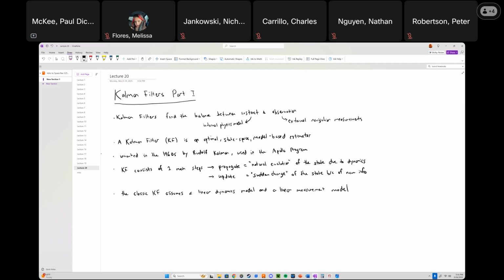So don't write this in your notes yet, but in any table of dynamic systems or a similar class, you get something that looks like x dot is Ax plus Bu, and then y is Cx plus Du, something like that, that state space representation of the system you're trying to control. Don't write that down, because that's not what we're doing today. What we're doing is pretty daggone similar, though.